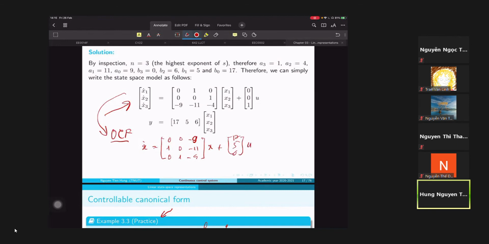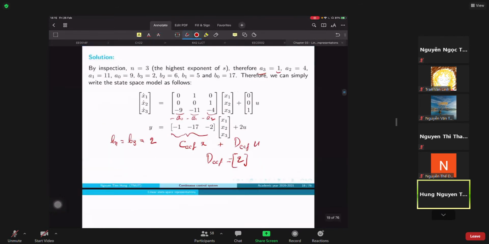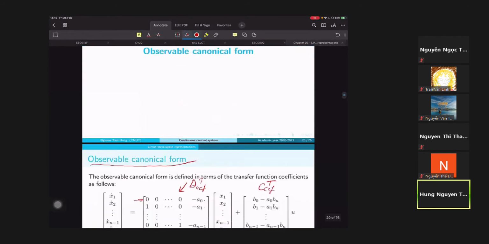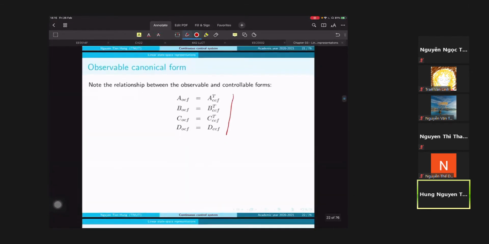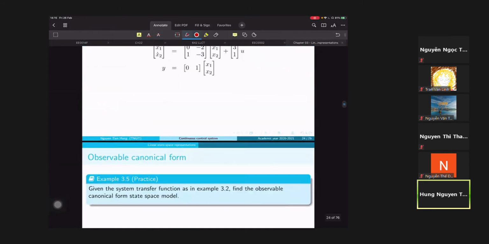And here we got y equal 0, 0, 1, times x. Okay, that's all. This is the observable canonical form, the transpose of the controllable canonical form.